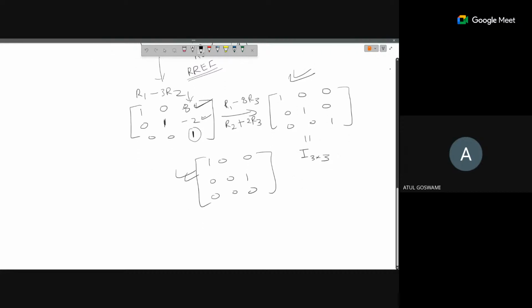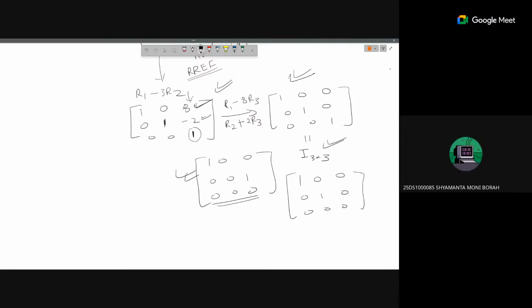Or it can happen like 0, 1, 0, 0, 0, 1, 0, and then 0, 0. This is also possible, or there are other possibilities. Basically, we will get this kind of matrices if it is not a full rank matrix. What rank is, you will see later. If it is a full rank matrix, then definitely it's going to be the identity matrix only. For now you can assume that if it is a 3 by 3 matrix, then the rank could be 3 at maximum.